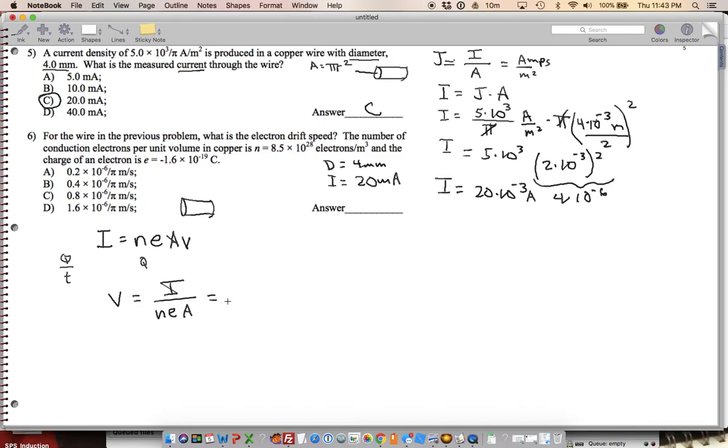If I plug in, I'm going to have 20 times 10 to the minus 3 amps, divided by 8.5 times 10 to the 28 electrons per meter cubed, times the charge of an electron, which is 1.6 times 10 to the minus 19.